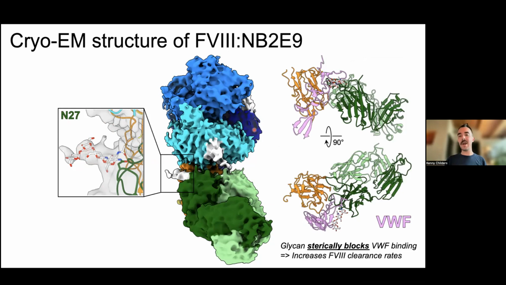If we take the cryo-EM structure of factor VIII bound to von Willebrand factor and overlay it with our structure shown here, we can see steric clashing between the glycan and von Willebrand factor, shown here in pink. So the mechanism of action we think with this antibody is that the glycan is going to sterically block von Willebrand factor from binding to factor VIII, and it's going to increase the clearance rate of factor VIII.